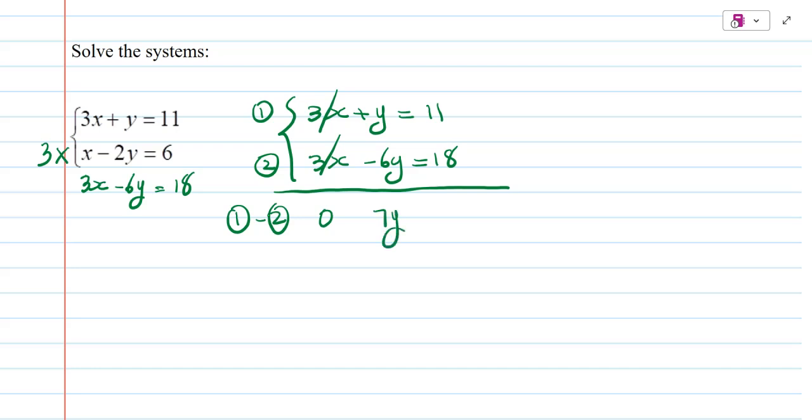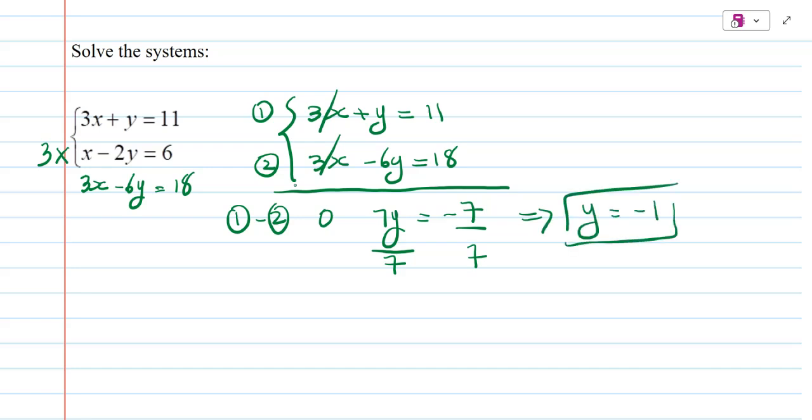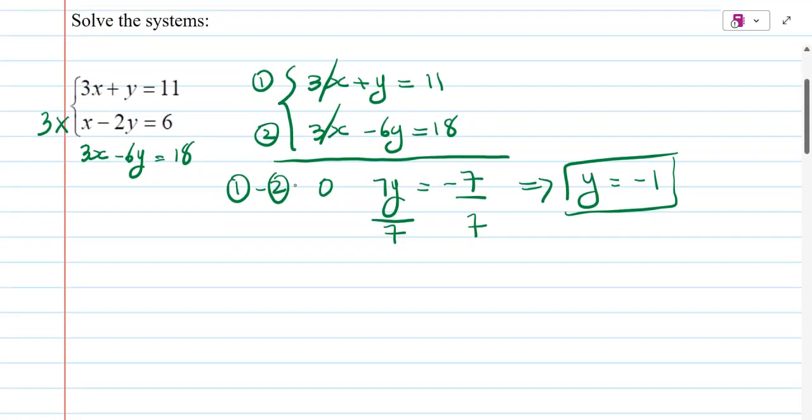Remember, y minus negative 6y is minus minus beside each other, that becomes 7y, and then equals 11 minus 18, and that is minus 7. Divide both sides by the coefficient of y, and you will get y equals negative 1.